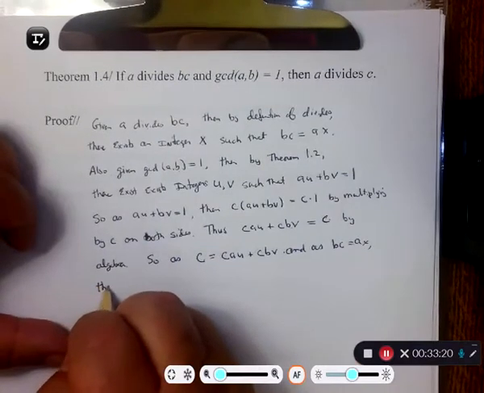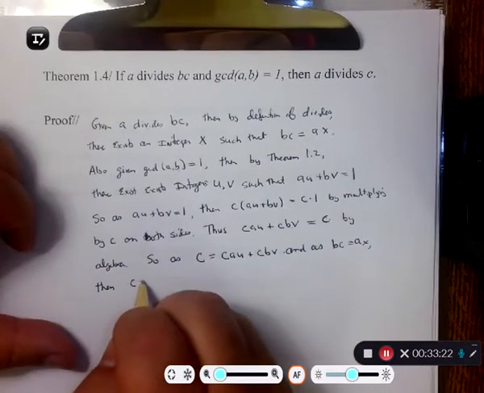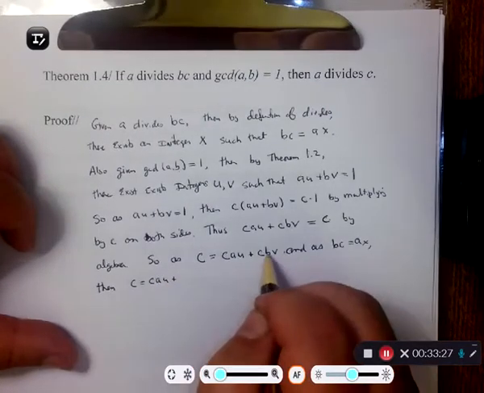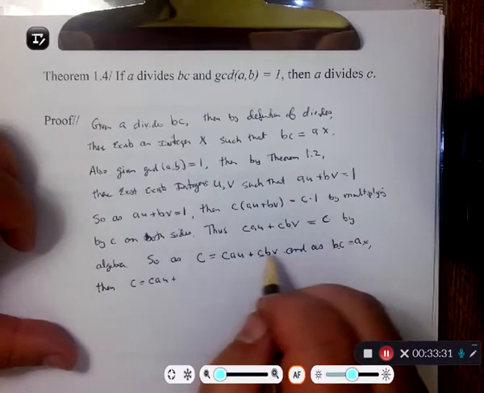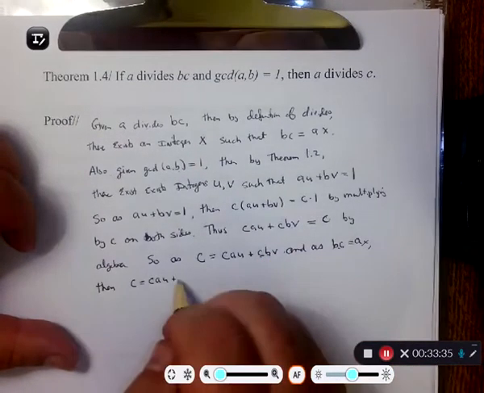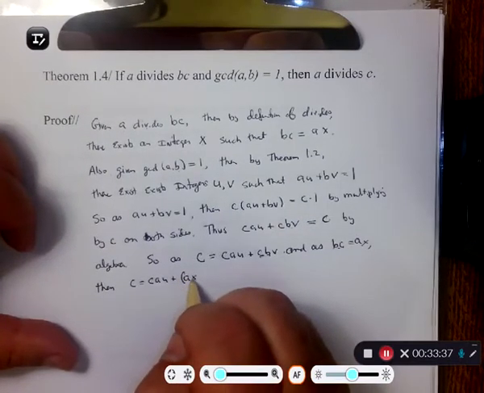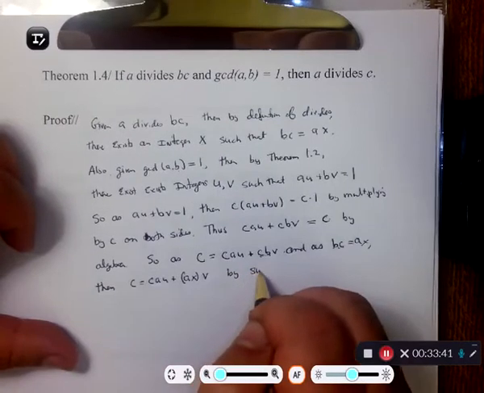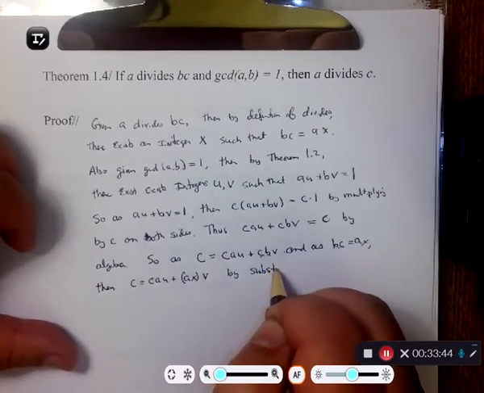then C is equal to CAU plus CBBC, same thing with integers. You have commutativity, it doesn't matter about order, but I can substitute BC for AX. So plus AX times V, and you tell me what you did there, substitution.